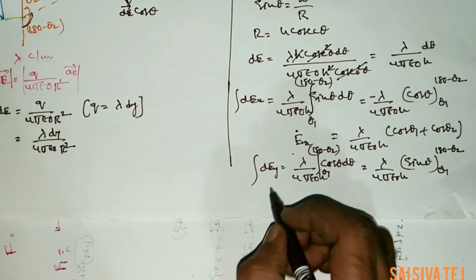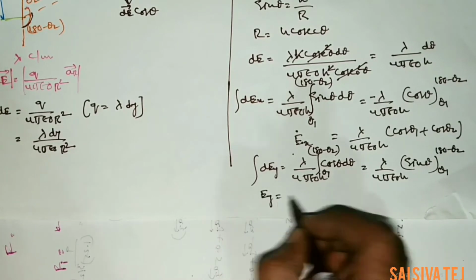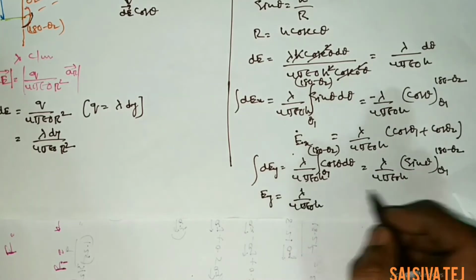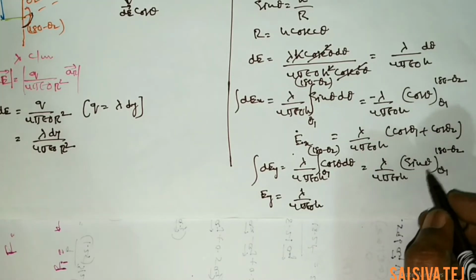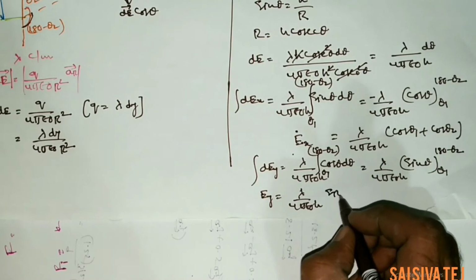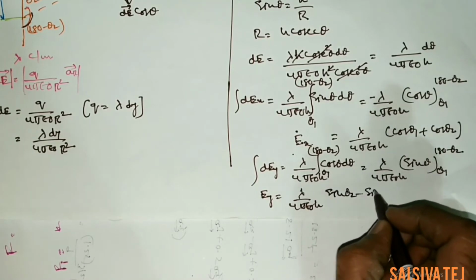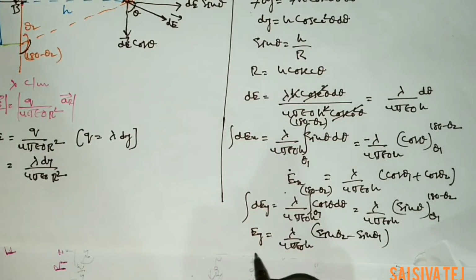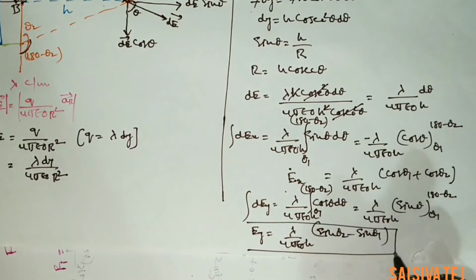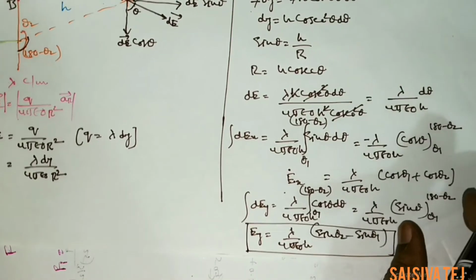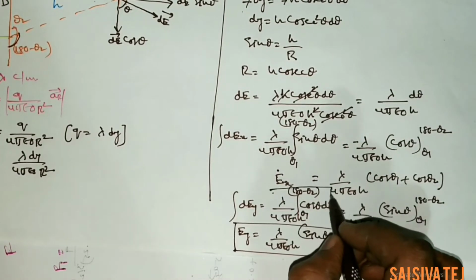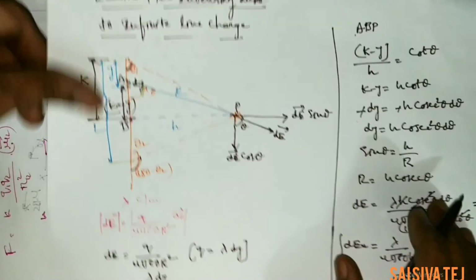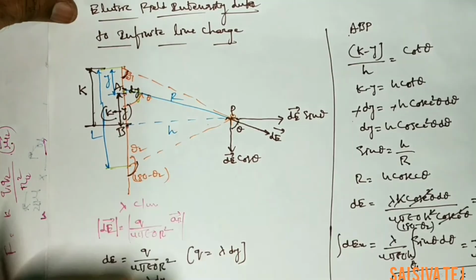Once we simplify this, we have Ey equal to lambda by 4 pi epsilon naught into h, and we get sine of theta 2 minus sine of theta 1. So these are the two resultant electric field intensities we get along the x direction and y direction when we consider a finite length L of the charge.